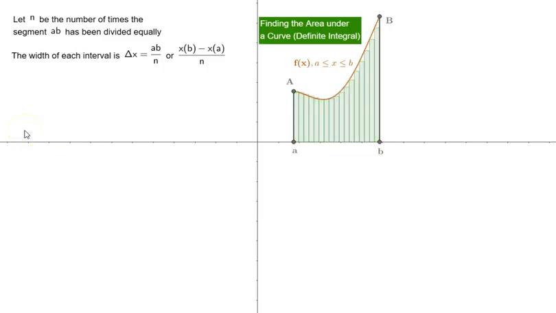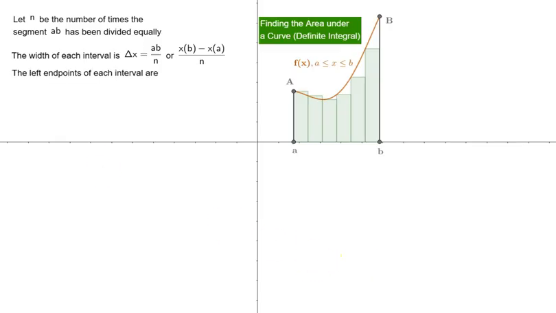Let's have a smaller number of rectangles so that I can refer to it. The intervals are these. Each of these is equally spaced, which means each one of these is a delta x. So for the endpoint of each interval, here we are taking the left endpoint.